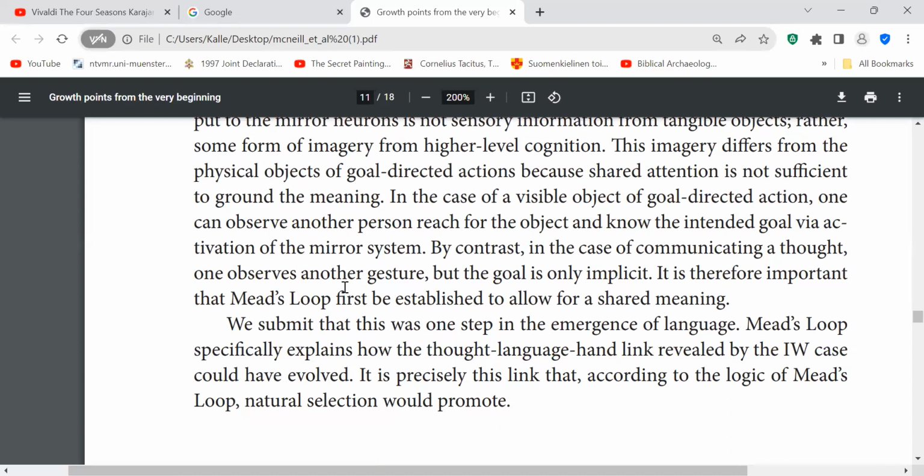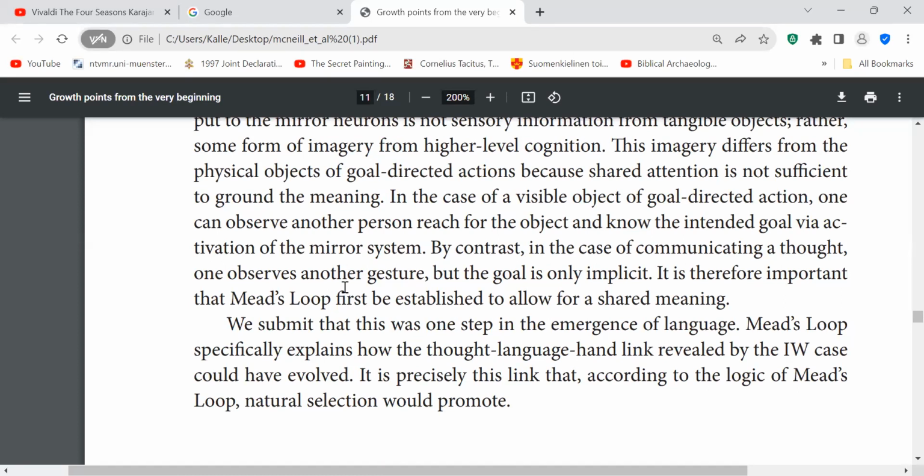This imagery differs from the physical objects of goal-directed actions because shared attention is not sufficient to ground the meaning.